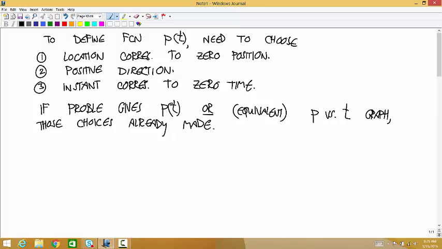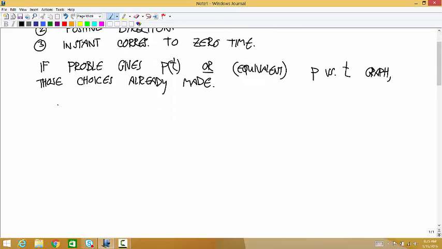Okay, so standard international units: I said for position, it's meters, or always some measure of length. For time, what are the SI units of time? Seconds, yep.